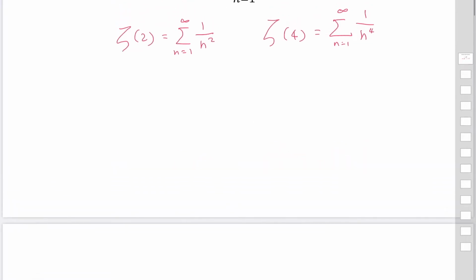To discover these values, we have to be familiar with the trigonometric Fourier series. So let's review the Fourier series. Here x is confined to minus pi to pi. In this situation, any function can be expressed with trigonometric functions.